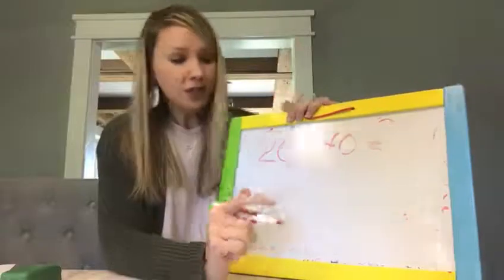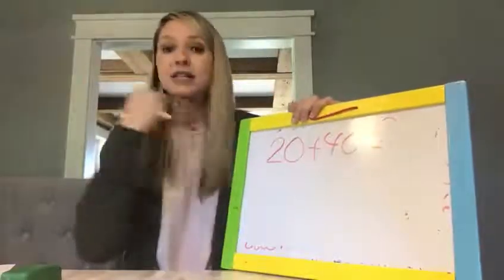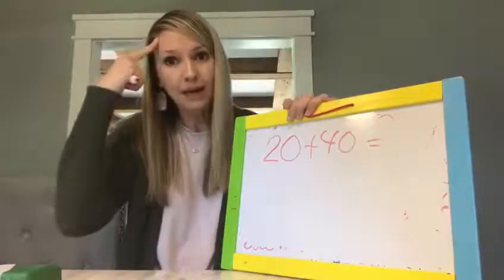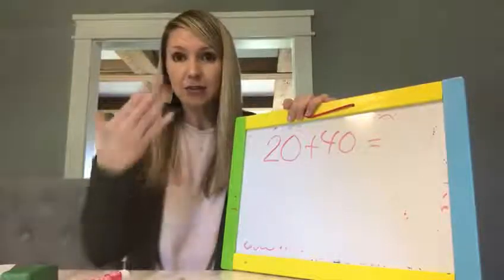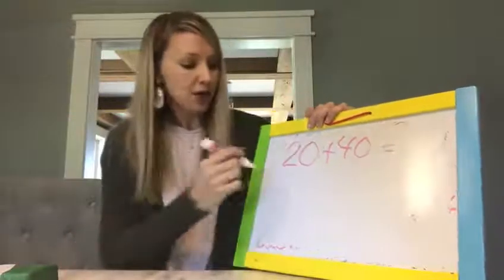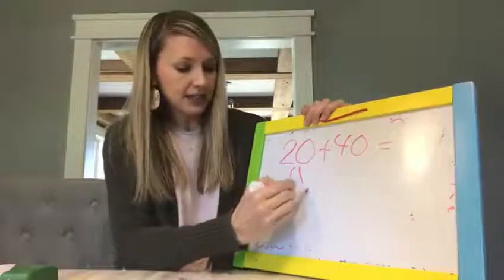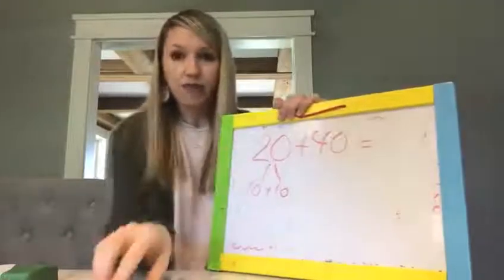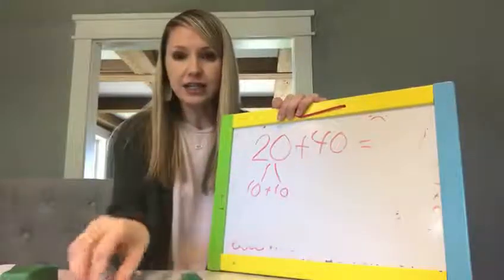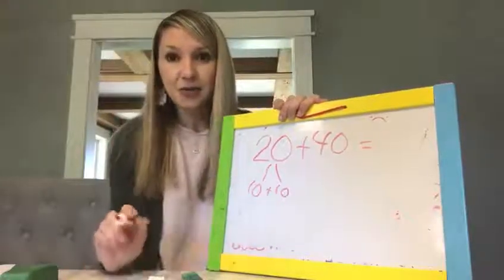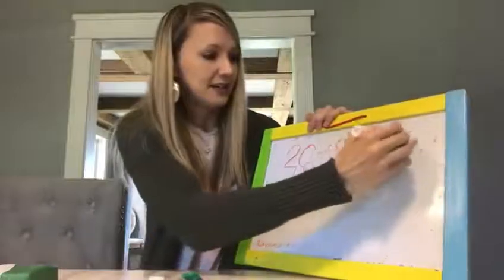So I'm going to start with my biggest number. I'm going to start with 40 and put that in my head, and then I can just count up 20 more. So I could break that 20 apart and say that's 10 plus 10. So 40, 50, 60. That would be 60.